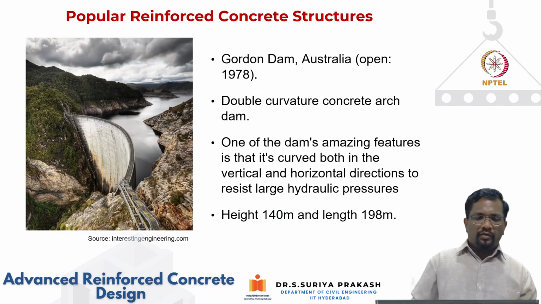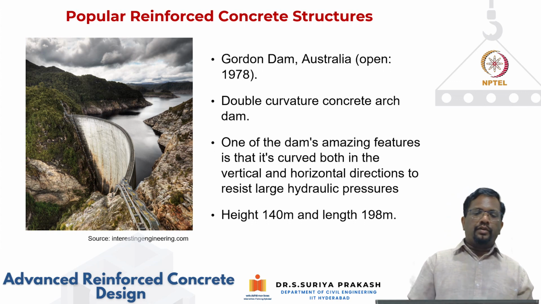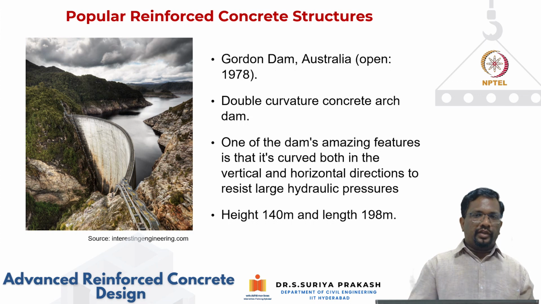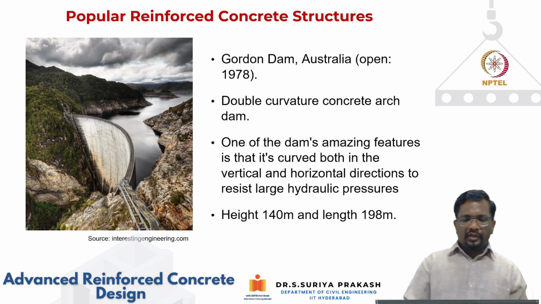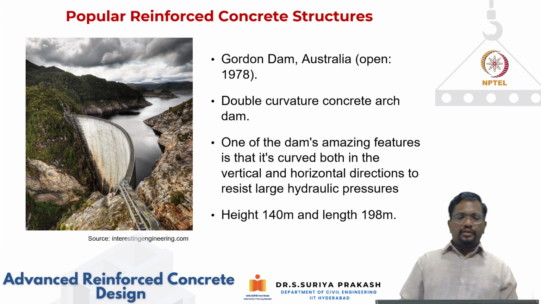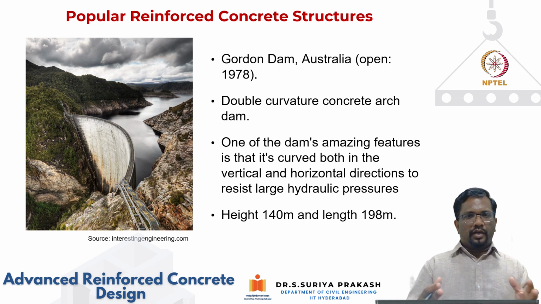Right. So now we have looked at buildings, and we looked at some examples of bridges. Concrete, being very strong in compression, is also heavily used for constructing dams. This is one dam, called Gordon Dam, in Australia, which was opened in 1978. The unique feature is that this dam is a double curvature arch dam.